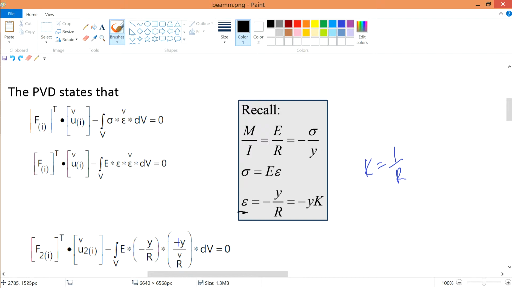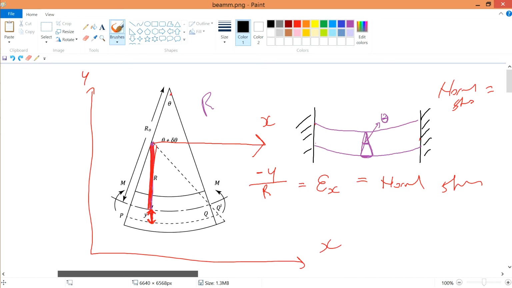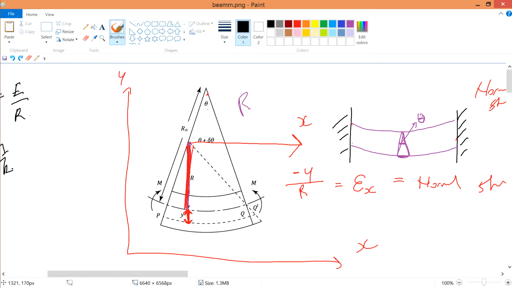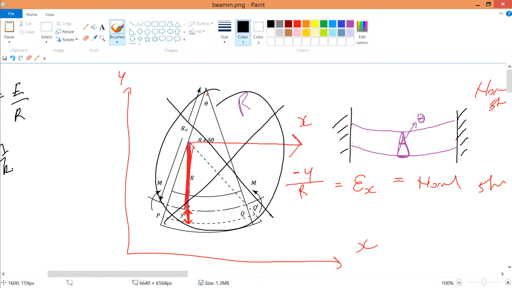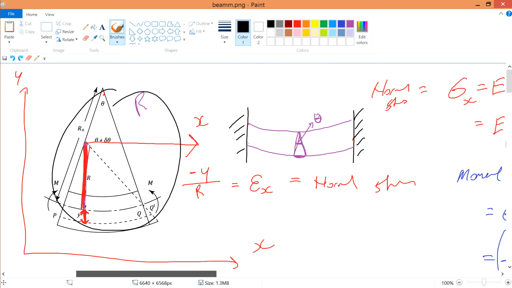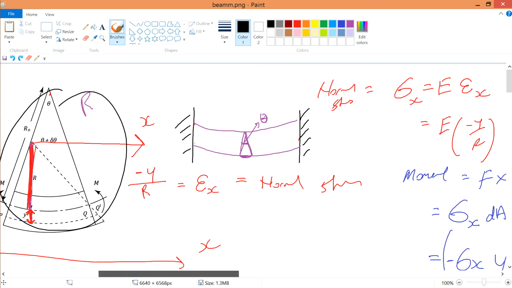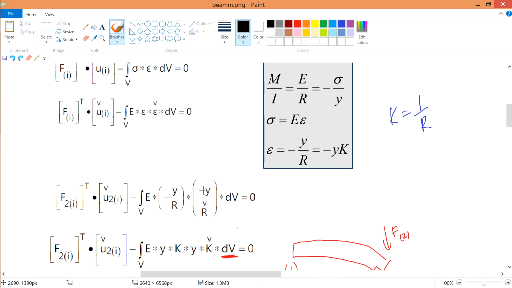So in this case, we have a strain that is minus y over r due to the curvature of the beam. This is the r. I just saw a picture and realized that this is r. You can straight away use r. You don't use this photo anymore. This photo is not good. But I think you guys know what I mean because you came from the previous video.